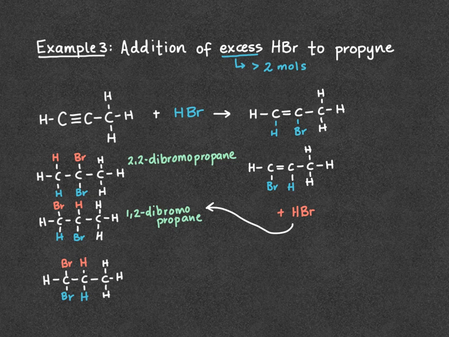But the name of our third possible product is 1,1-dibromopropane. So you can imagine an example where you have multiple double bonds or multiple triple bonds in a molecule, how complex the distribution of products could be if you're adding excess reagents of either water or a hydrogen halide.